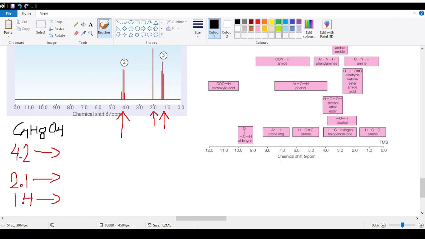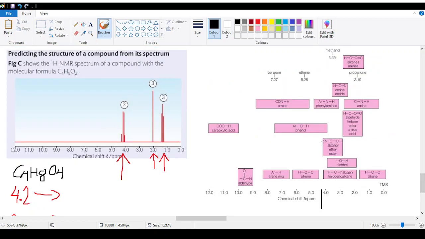Okay. So now based on these values, you're going to take help from the table to identify the bonds. So 4.2 is like here. What bonds are matching for 4.2? What do you see? It can either be 4.1 or 4.2.